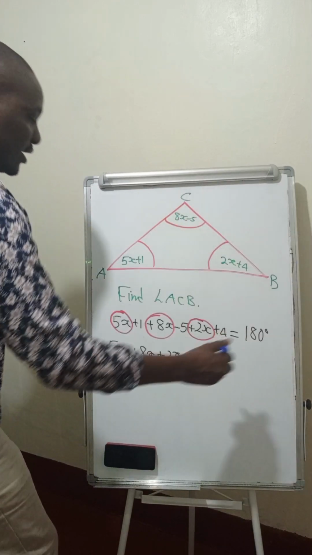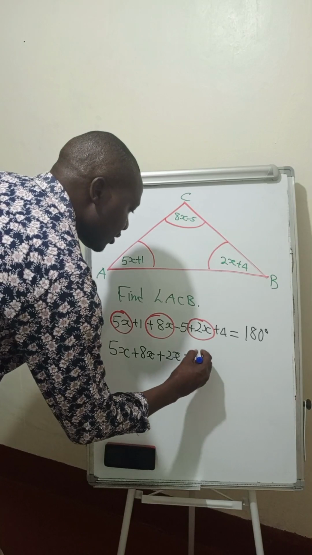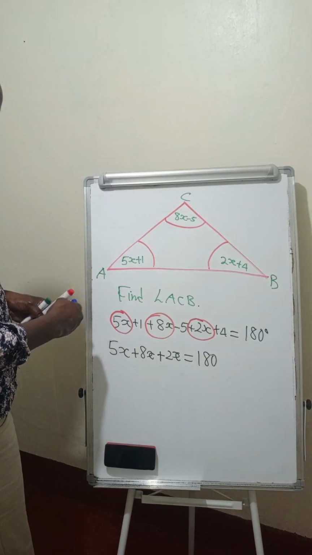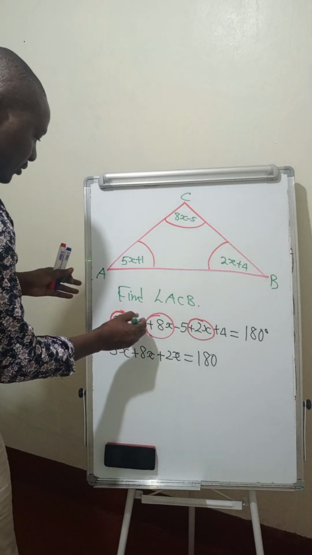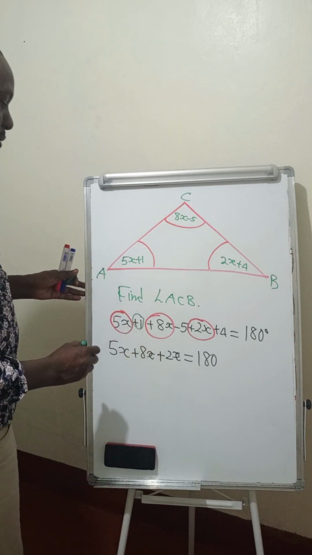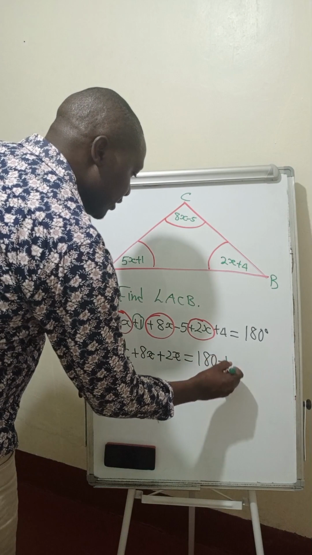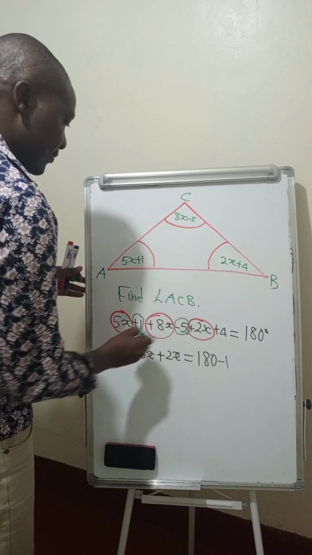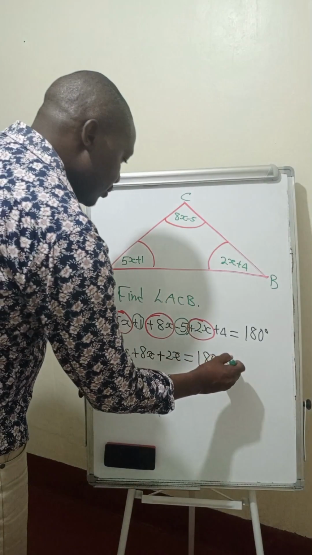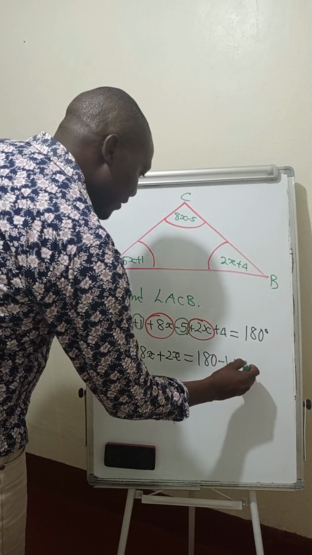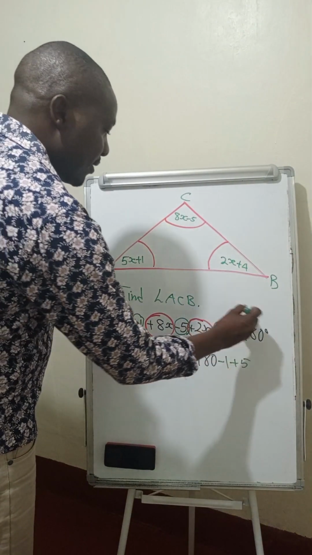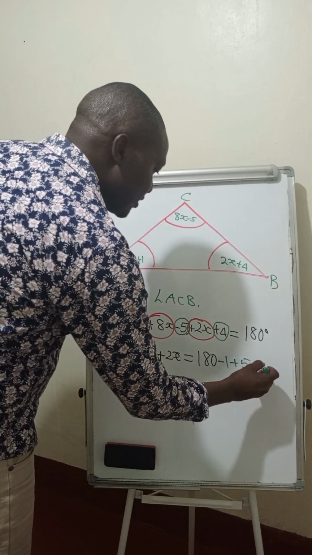Then to the right side, we can put the knowns, 180 degrees. This plus 1 will come this side as minus 1. This minus 5 will come that side to be plus 5. This plus 4 will come that side to be minus 4.